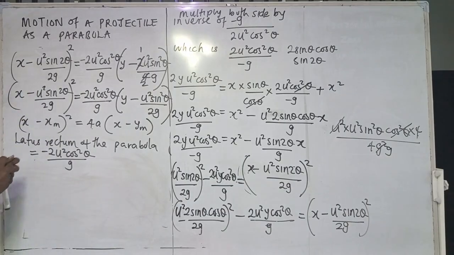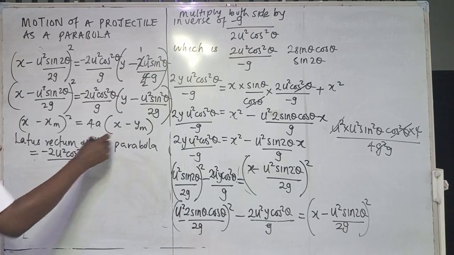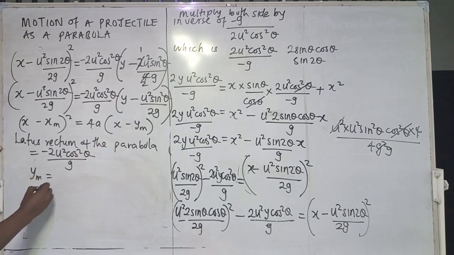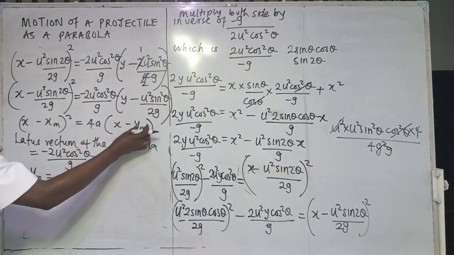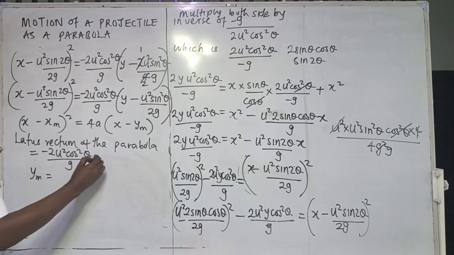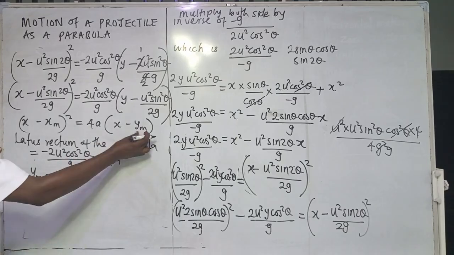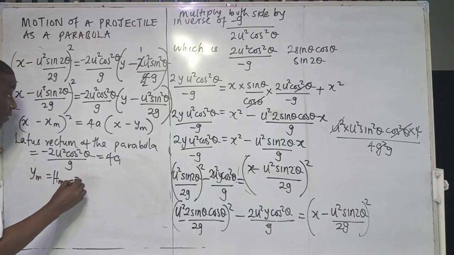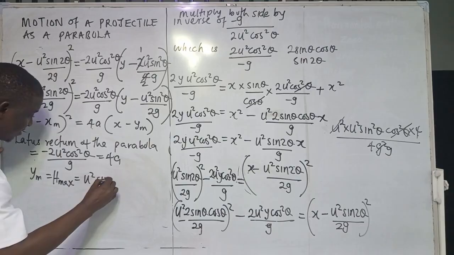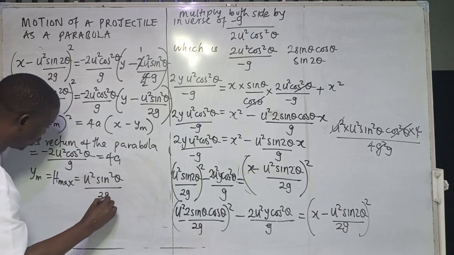So that is latus rectum. What about the x max or the y max? y max is the maximum height of the projectile, which is equivalent to this one. If you compare them, this is 4a, this is equivalent to 4a now. If you compare this and y max, which is what? H max, maximum height, is equal to u square sine square theta over 2g.